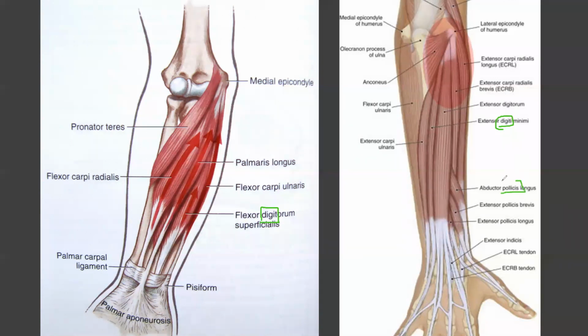The thumb's keyword is pollicis. Don't confuse it with hallucis, which is your big toe. If you see digit, it's a finger. You see pollicis, it's a thumb. You see carpi, it's your wrist. Anything in Latin refers to your body. Anything in Greek refers to a disease.